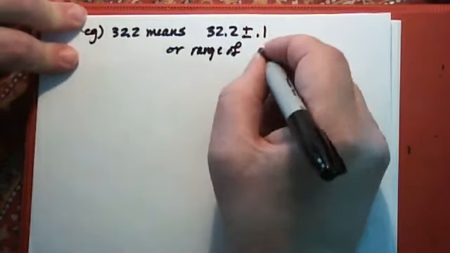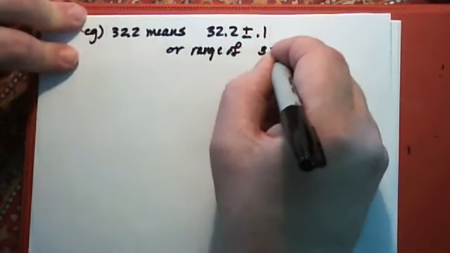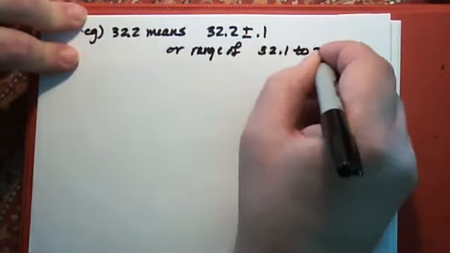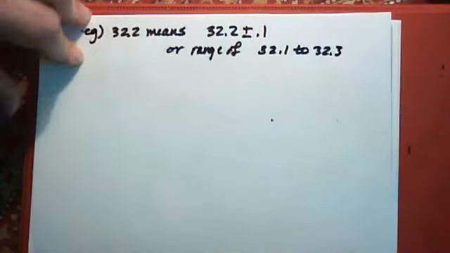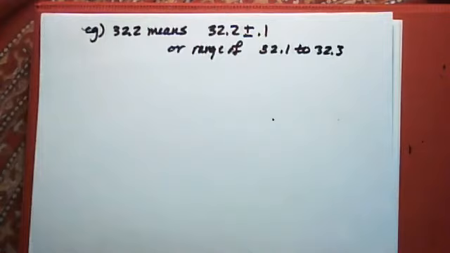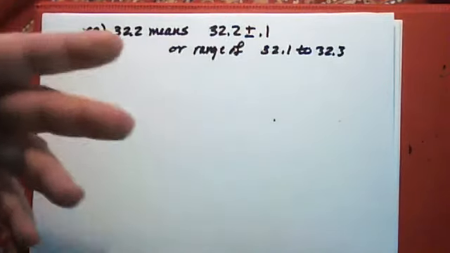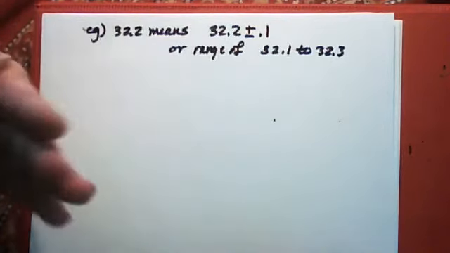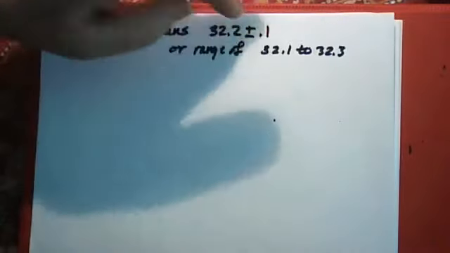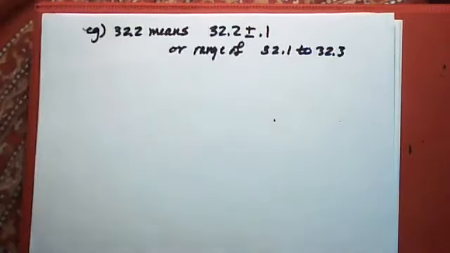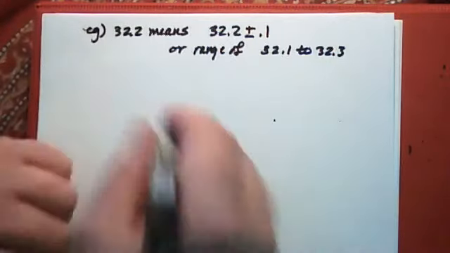In other words, what that means is you could have a range of anywhere from 32.1 to 32.3 for that reading. That allows for differences of opinion because you're estimating that last digit. Other people may disagree. And so what we're doing by assuming that it's uncertain by plus or minus 1 is we're leaving room for different people to read it a little bit differently than you do.